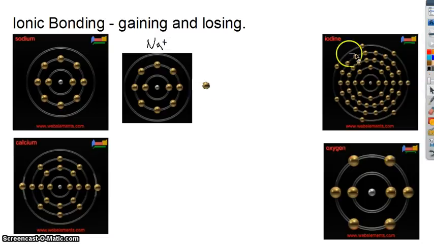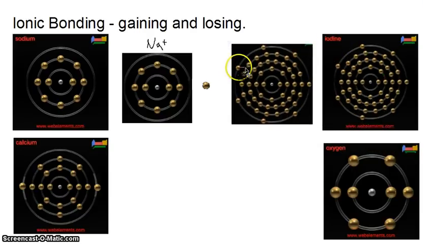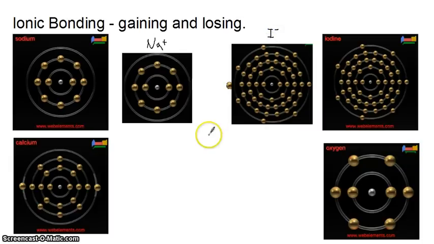So if we take another atom, say for example iodine here, if you count out what's left in its very outside energy level, we have 1, 2, 3, 4, 5, 6, 7 electrons, so just 1 short of that 8. So if the electron from the sodium goes over to the iodine, the iodine will have gained an extra negative, and so now instead of being iodine, it is an iodide ion, or an I minus.